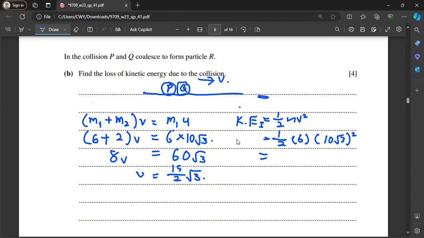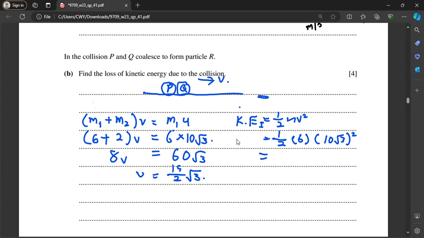You press your calculator, 1 over 2 times 6 times 10 root 3 squared, 900 joules. And then your KE final, because they are both moving, the mass has to be combined. So that's why it's 1 over 2 times 8 times 15 over 2 root 3 squared.